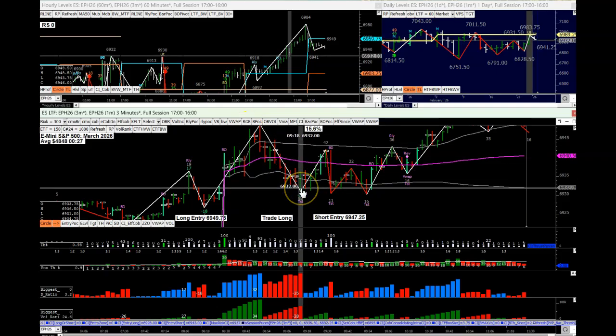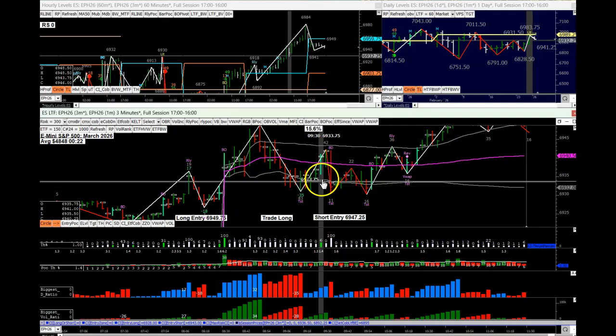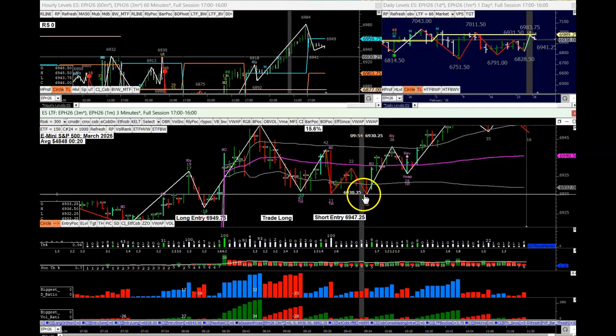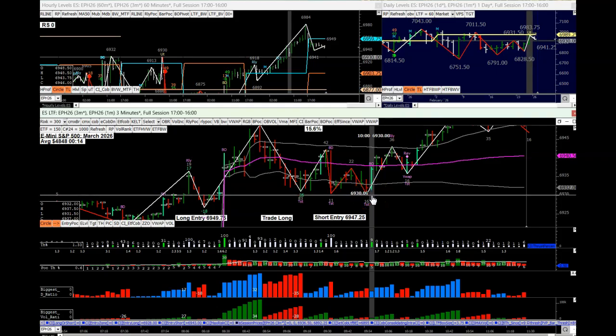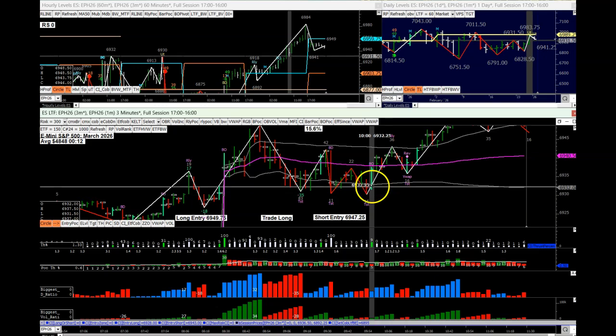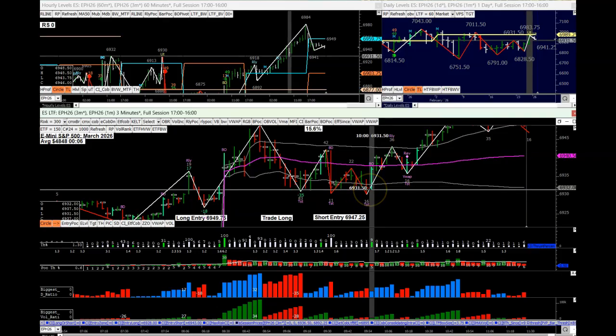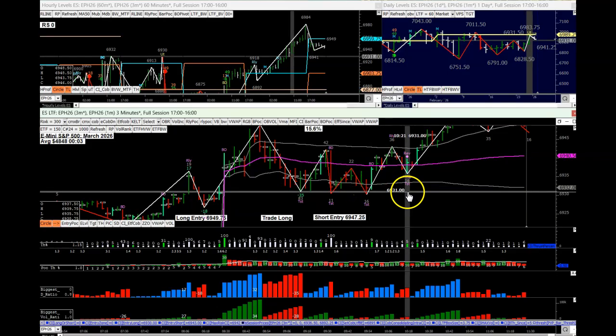So over here is slightly above average range, but this one is 1.33 times average range. So 33% increase in range. That's good reversal. Right there, 1.33.